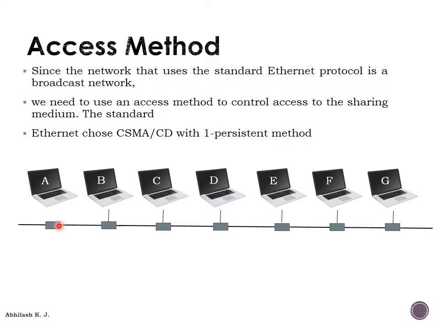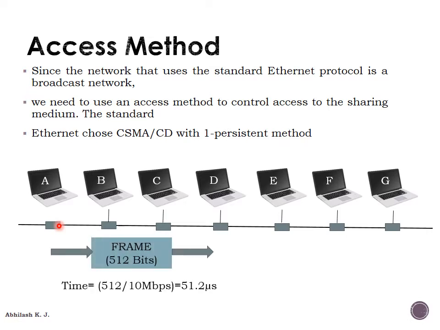Now, if the amount of data that is being sent is 512 bits, since we are using standard Ethernet, the data rate supported is 10 Mbps. So in order to send 512 bits, station A requires 51.2 microseconds.